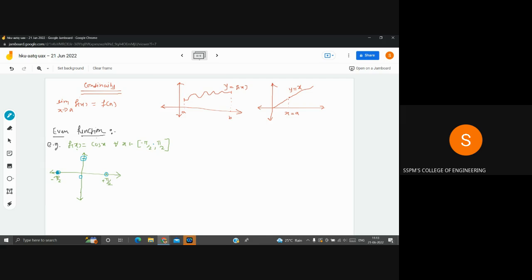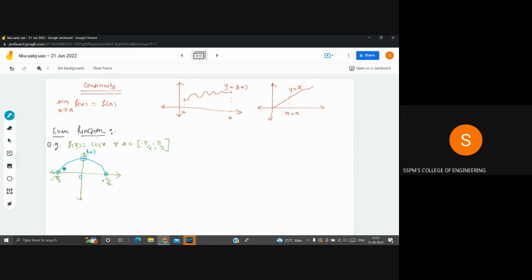And if we join these three points by a typical curve, this typical curve is called the cosine signal. This is the cosine signal or cosine function. If you are on the origin and see the left of the y or f of x axis, the amount of curve that lies to the left of the f of x axis is the same as that on the right of the f of x axis.